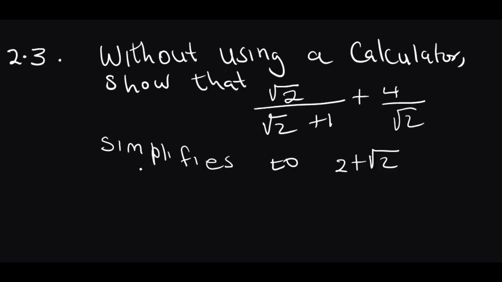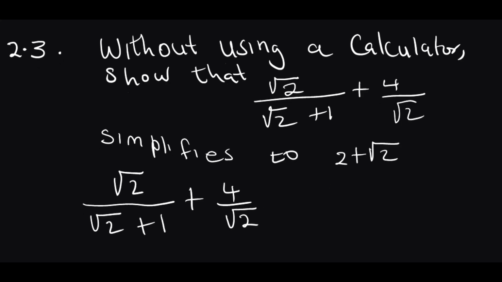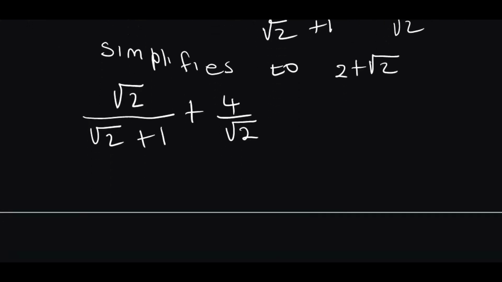Okay. Now, let us write this as it is. Square root of 2 all over square root of 2 plus 1 plus 4 over square root 2.